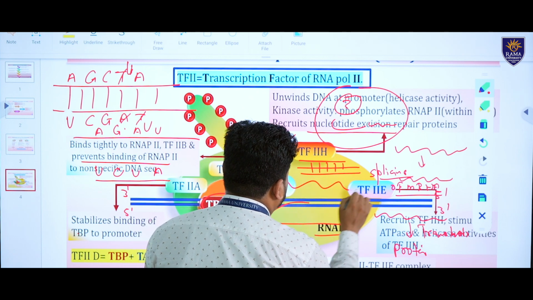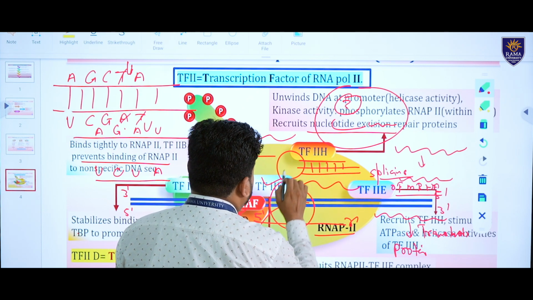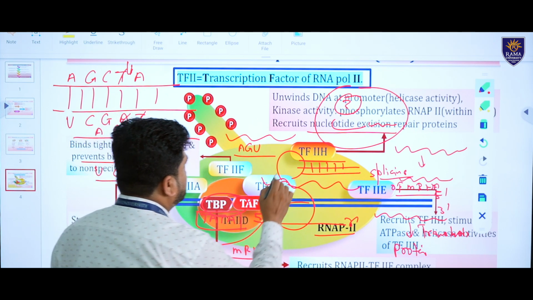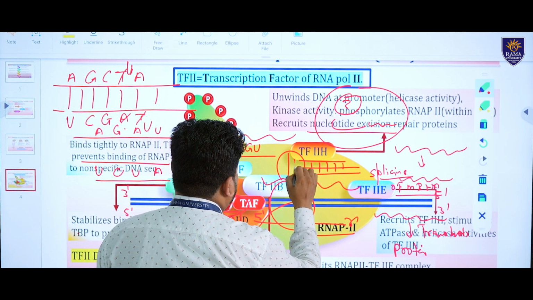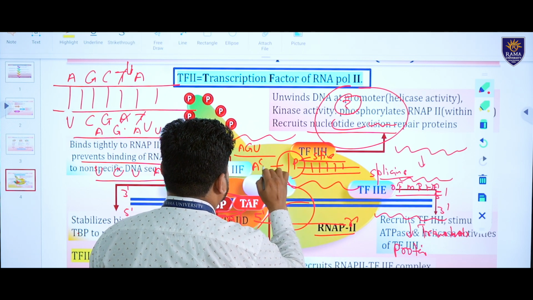for example, this is the mRNA molecule attached with the ribosomes, and you know each ribosome has two sites, one is the P site and another one is the A site.